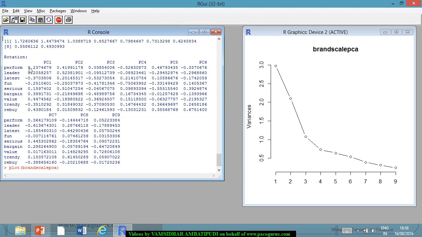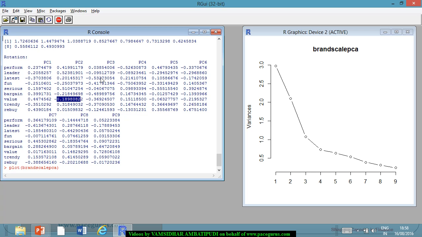In PC1, I could see that leader, fun and trendy are behaving differently compared to the other ones. So latest, fun and trendy look slightly different. Whereas in the next one, fun, bargain and value are looking different from the rest.